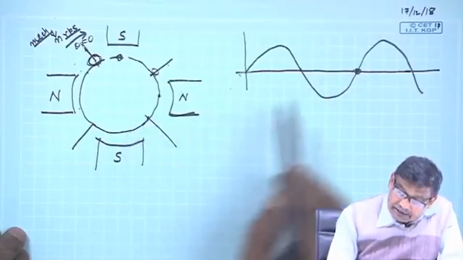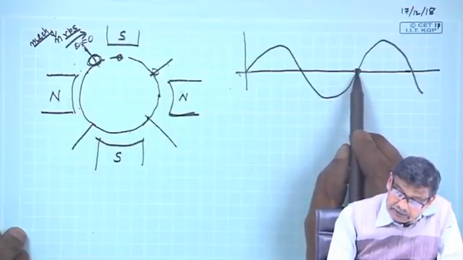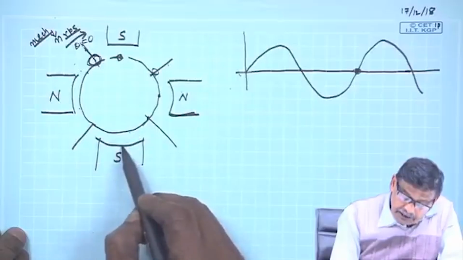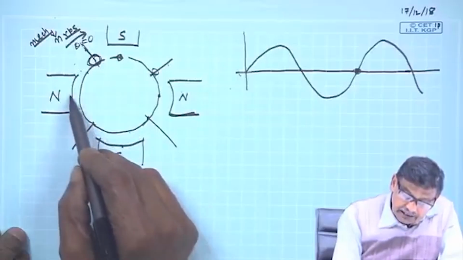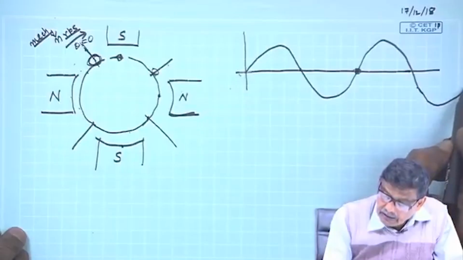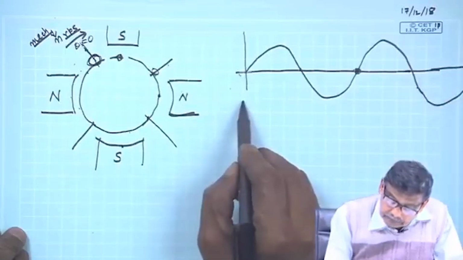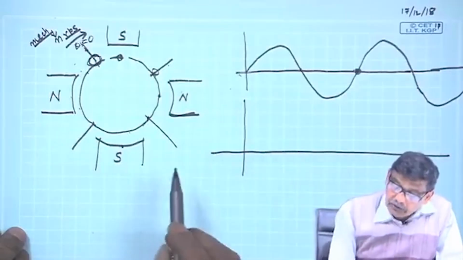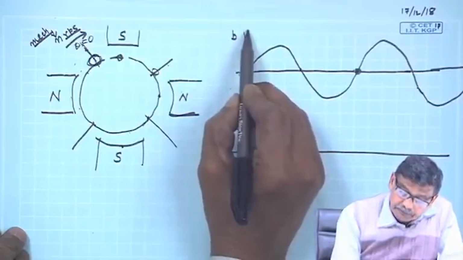Then once again it will have maximum here, 0 here, maximum here. So, this is the thing. So, this is the B distribution.